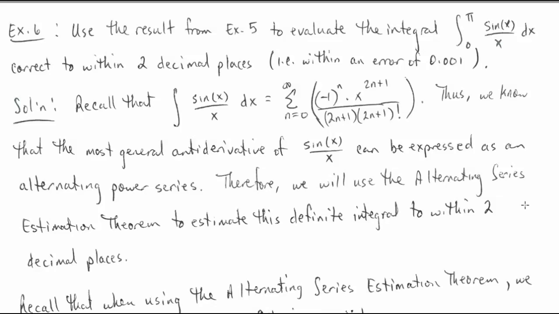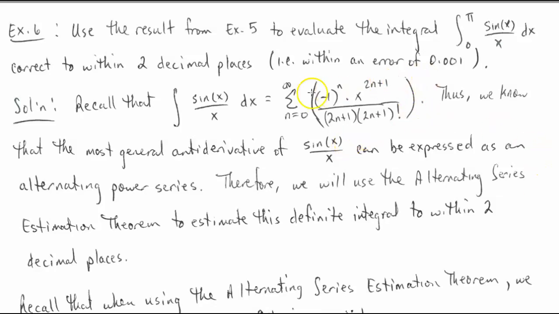We're going to use that to evaluate the definite integral of sine x divided by x from 0 to pi. And we want this particular definite integral, which we know one of the interpretations of it would be area under the curve of this function, to be correct to within 2 decimal places. And so that is to say within an error of 1/1000.